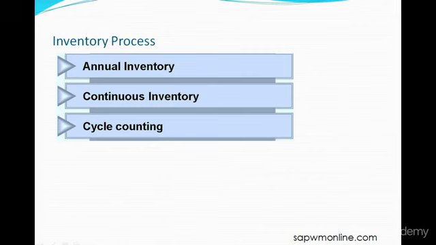This indicator is set up for each material in the plant storage location data, general data 1, and based on this particular ABCD indicator, the system would propose this material for the cycle count when you are initiating the inventory. So A would be counted a number of times in a year, and maybe D is counted only once in a year. Depends on how you set up the process.